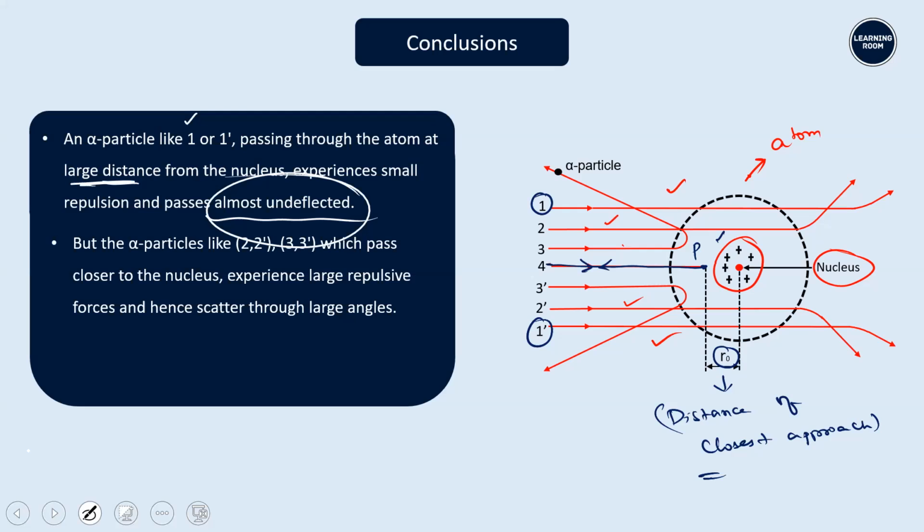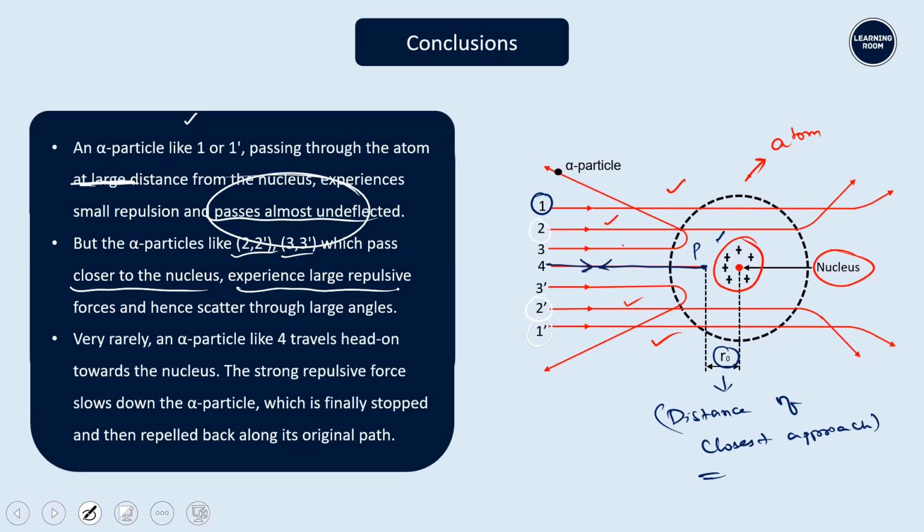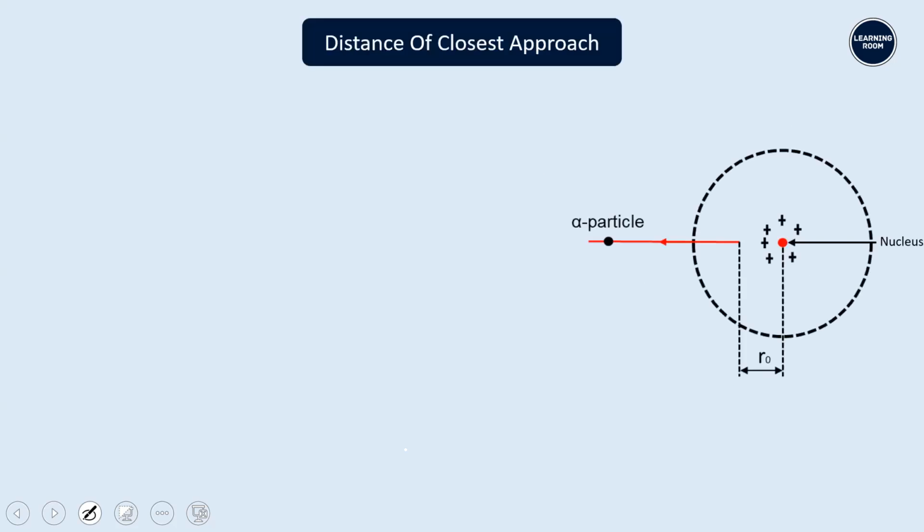But the alpha particles like 2 and 2 dash, which pass closer to the nucleus experience large repulsive forces and hence scatter through large angles. Very rarely an alpha particle like 4 travels head on towards the nucleus. The strong repulsive force slows down the alpha particle, which is finally stopped and then repelled back along its original path. So whatever story I discussed, right?